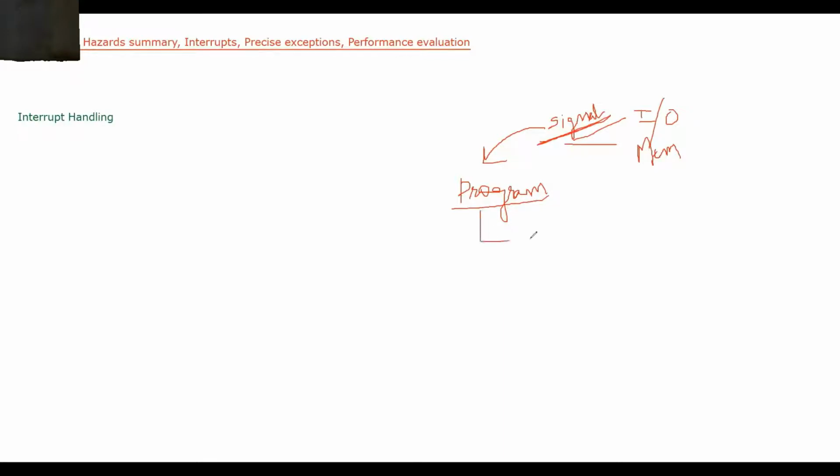This program will handle this signal, or we can say it will run some instructions that do the procedure to handle this signal. This signal, which is coming from an input output device, memory, some other component, or from the program itself, and which disrupts the normal execution of a processor, is called an interrupt.